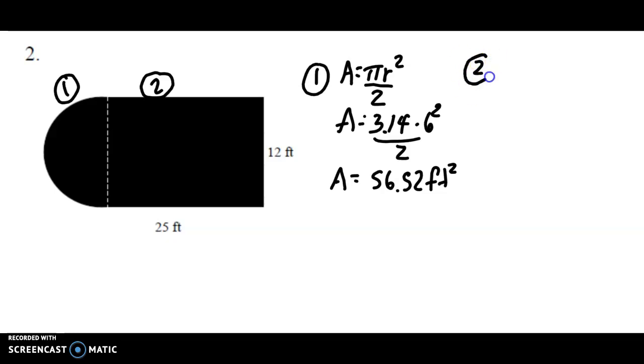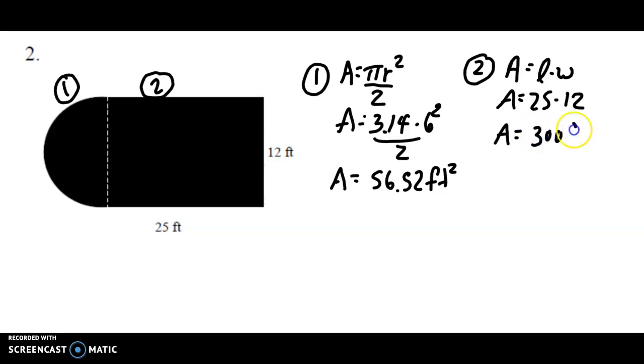Second one is a rectangle, and I look on my formula sheet. Rectangle is area equals length times width. The length is 25. The width is 12. Going to multiply that, and I'm going to get 300 square feet. So now I have to find the total, and I have to figure out, am I going to add them or subtract them?